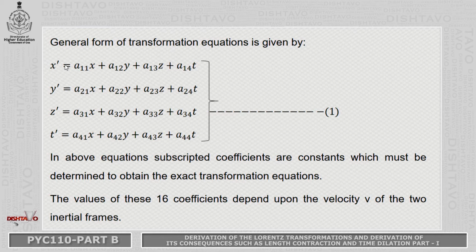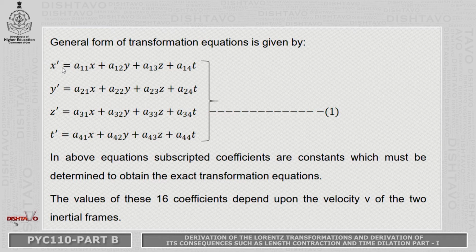Now, in the above equations, subscripted coefficients such as a11, a12 and so on are constants which must be determined to obtain the exact transformation equations. Unless we determine these 16 coefficients, we cannot get the exact transformation equations.